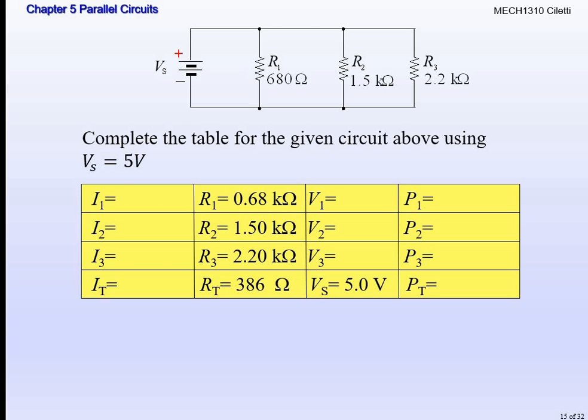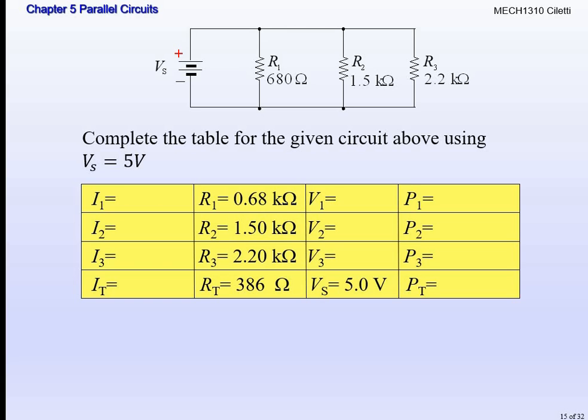So take some time, get a separate piece of paper, look back at your notes, look at what we've done. Note, you cannot use the same currents that we used before for I1 and R1 because the voltage is different here. The voltage in this circuit is 5 volts. We did one with 12 volts. So this is totally different, but I want you to go step by step.